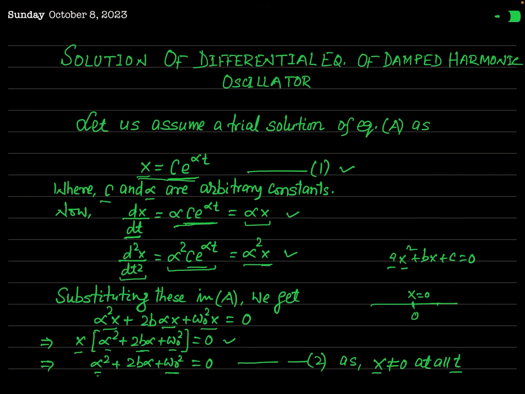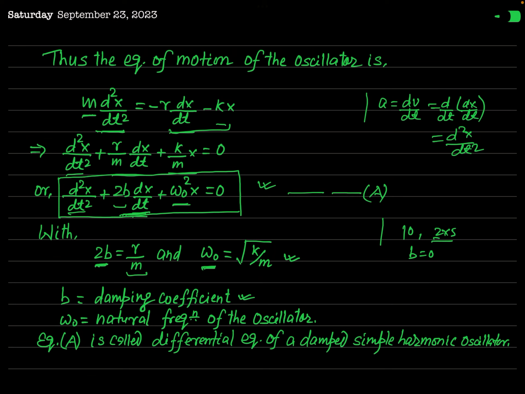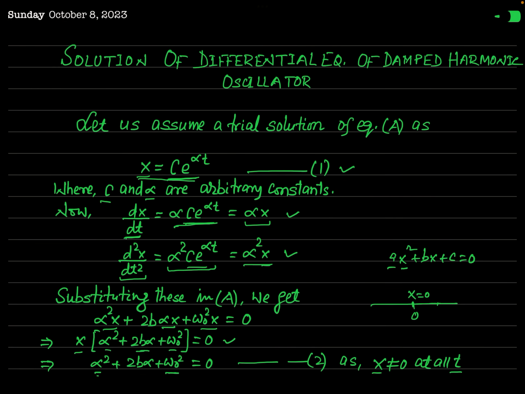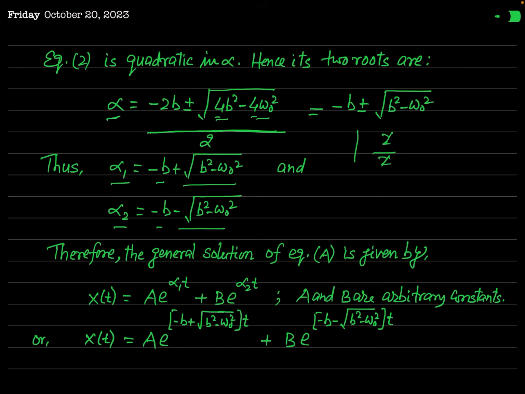Now, the general solution of this equation, which you have written here in the form of a trial solution, now you can write it. Actually, you can see this is a differential equation of second order, and you know whenever a differential equation of second order is solved, there will be two integration constants.